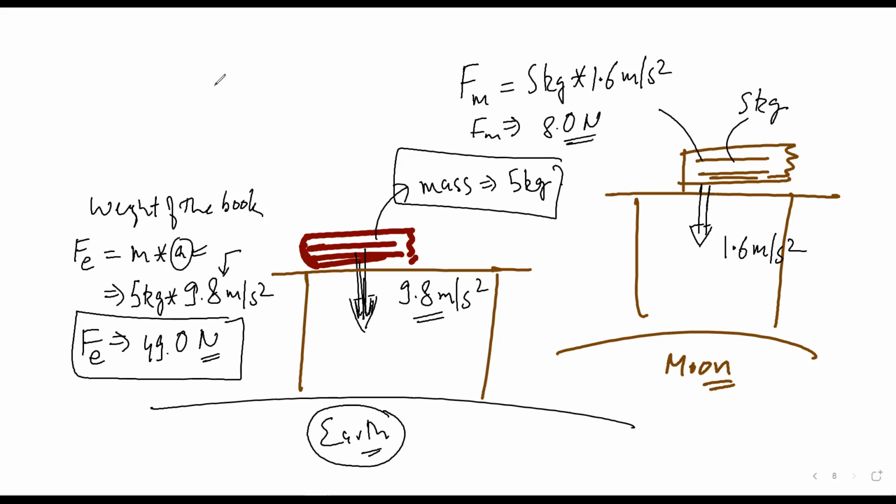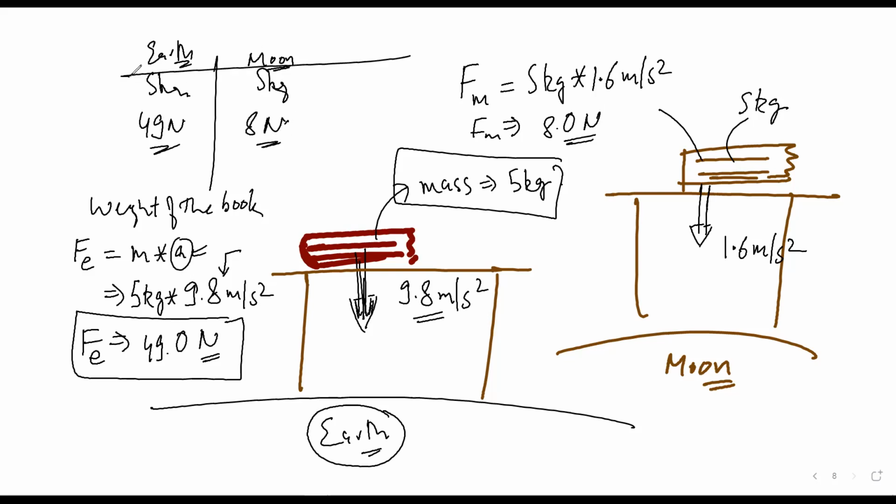So mass on the two heavenly bodies is 5 kg, 5 kg, but when we are on Earth the weight of the book is 49 Newton, and when we are on moon the weight becomes 8 Newton. Is it making sense?